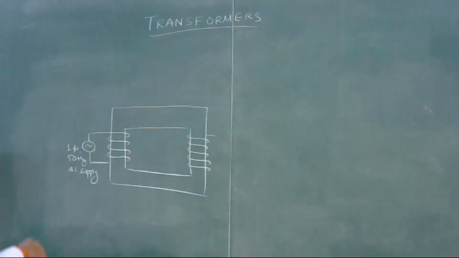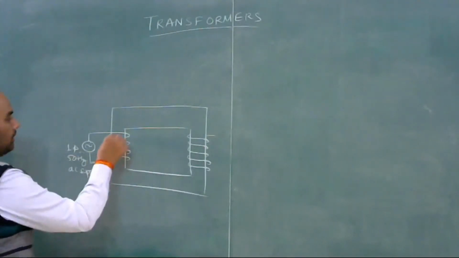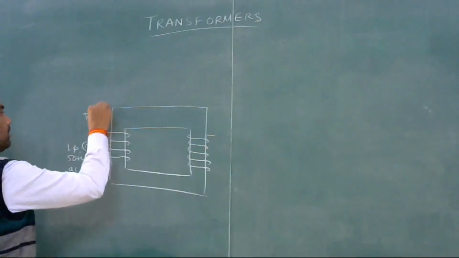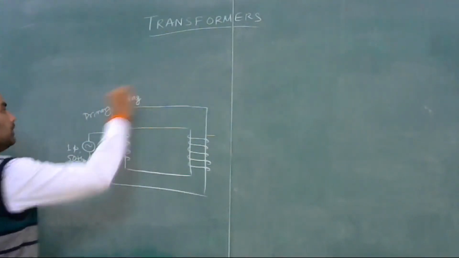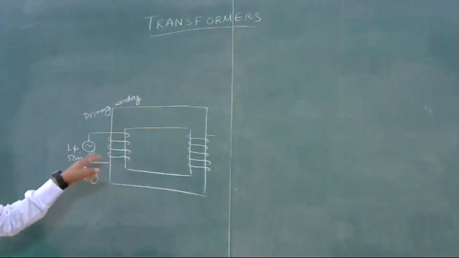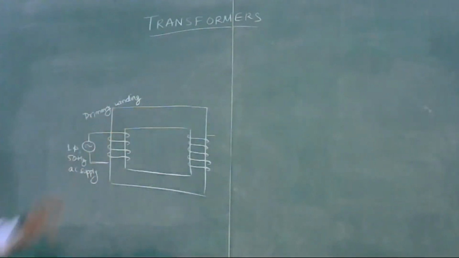Where we connect the supply, this winding becomes the primary winding.